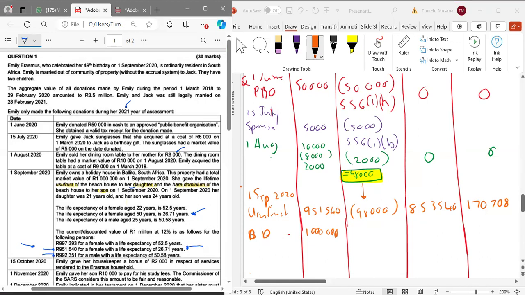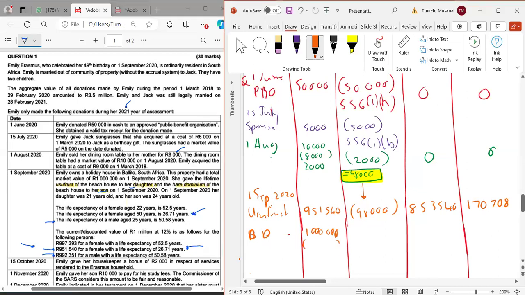Great. The trick here was to see that we have a female and a male, and the female is not the holder of this bare dominion. So now we have to use the sons, and we are only provided with one. So there's no need for us to elect the lower of. You are absolutely right.